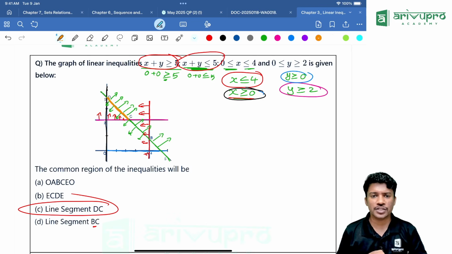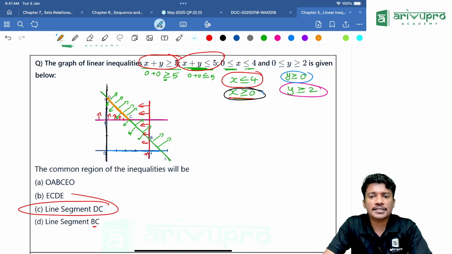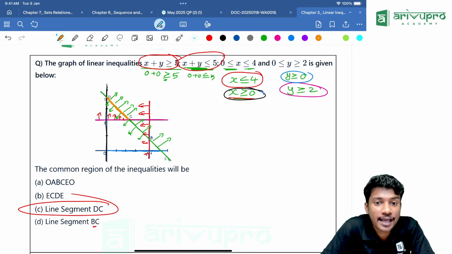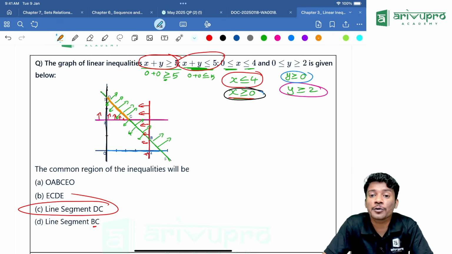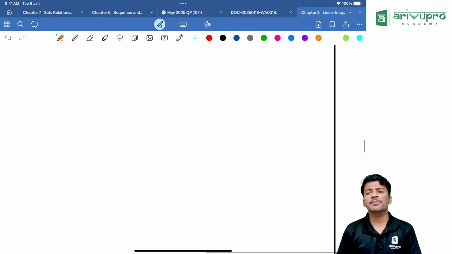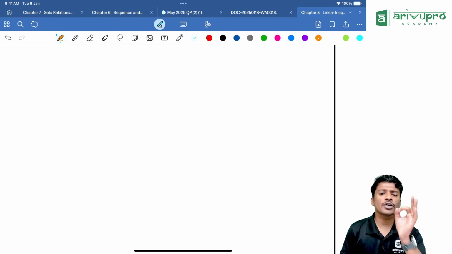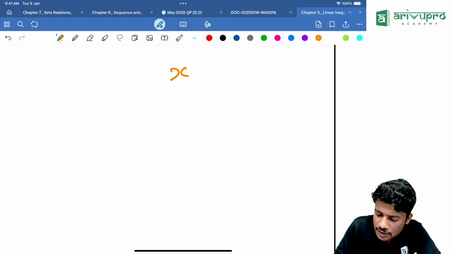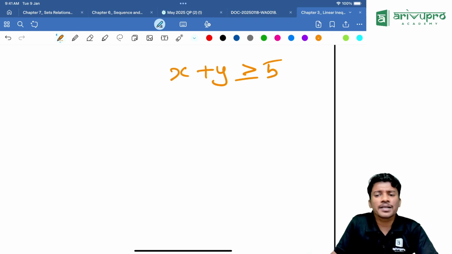This is a previous year question. Yes, it's a very good question. And inside the exam hall, it might take some time if you don't know the exact meaning of less than or equal to, greater than or equal to, and all. Now we are coming to the exact meaning of less than or equal to or greater than or equal to. That means x plus y greater than or equal to 5. Let it be like this.